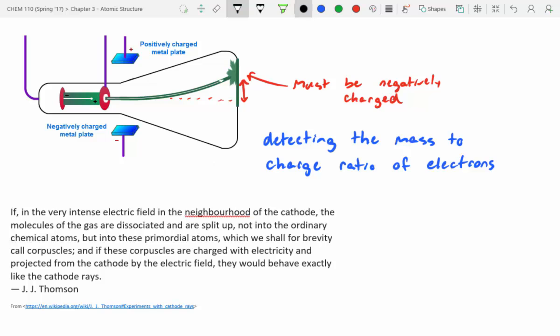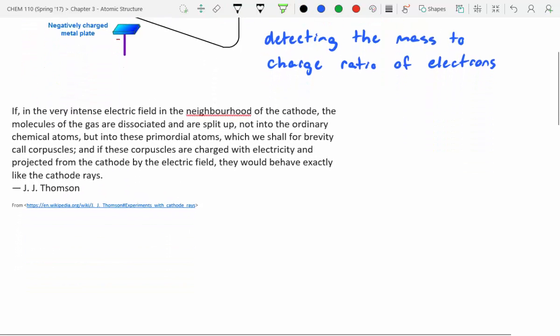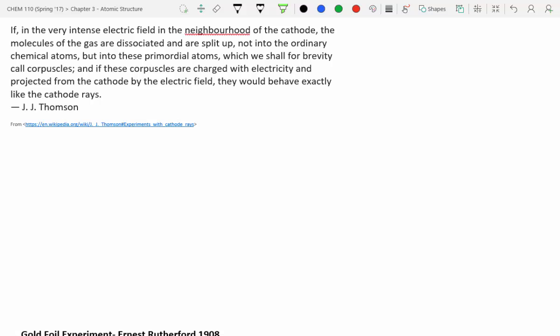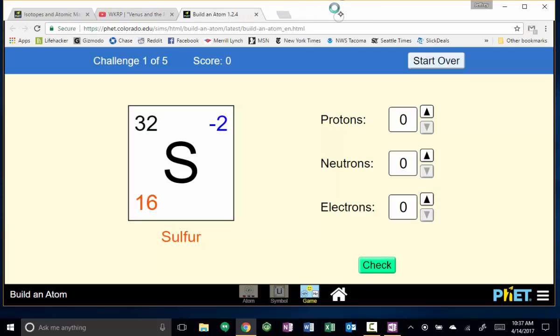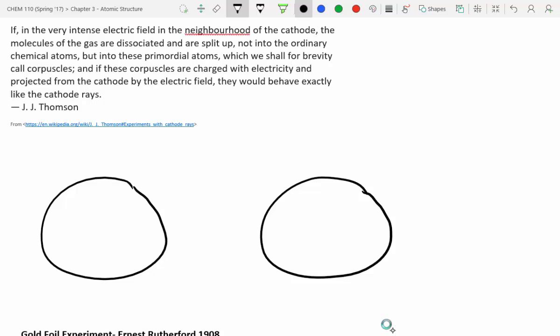The cool thing with this, if you ever feel irritated with your boss, was that he was incorrect and one of his students proved him wrong. So J.J. Thompson had this idea where if you look at an atom, he thought of it as a sphere, and he thought these electrons must be making up this sphere, and they must just be kind of floating around in space.